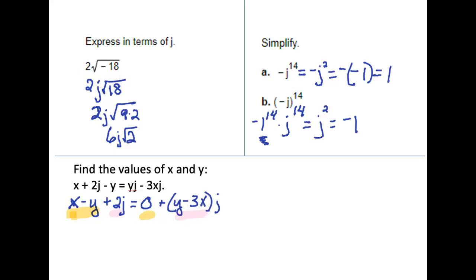So I'm going to use two equations and solve that system of two equations and two unknowns. Setting the real parts equal to each other, I've got x minus y equals 0. And setting the imaginary parts equal to each other, that's going to be 2 equals y minus 3x.